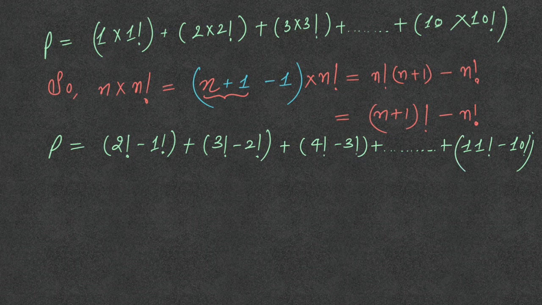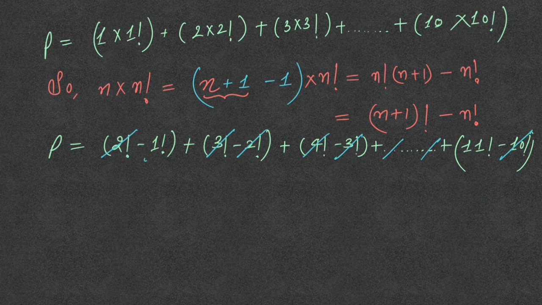If we observe, we can see this 2 factorial and minus 2 factorial cancel. Similarly, 3 factorial minus 3 factorial cancel, and eventually this 4 factorial cuts the minus 4 factorial somewhere here, and the process will go on, and this minus 10 factorial will cut the plus 10 factorial somewhere here.